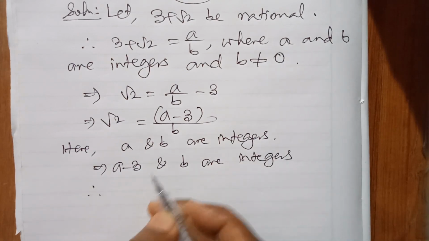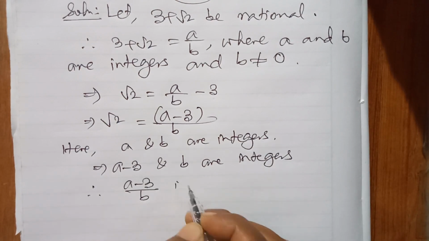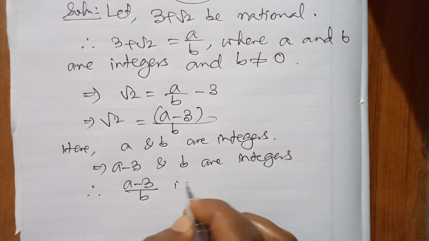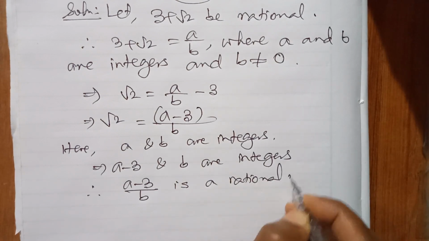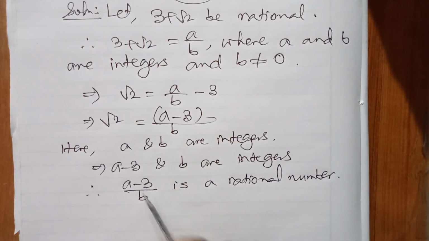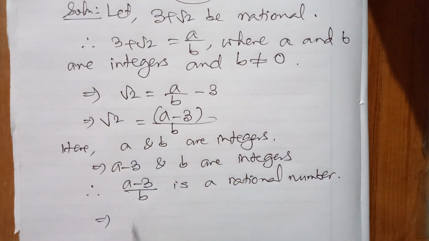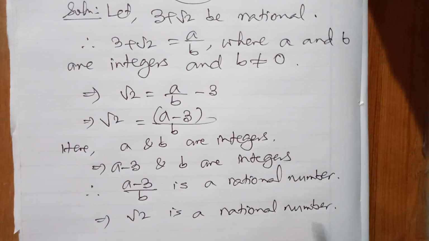If numerator and denominator are integers, therefore a minus 3 by b is a rational number because the numerator and denominator both are integers. So this is equal to what? This is equal to root 2. Root 2 is a rational number.